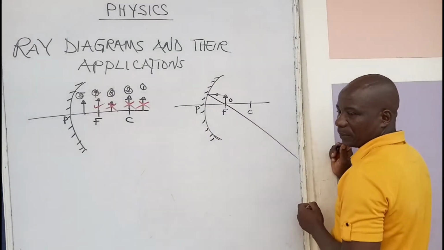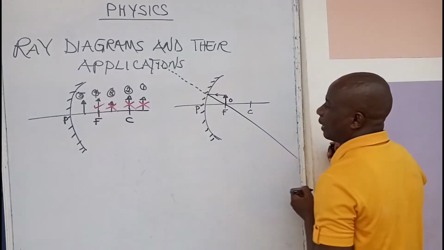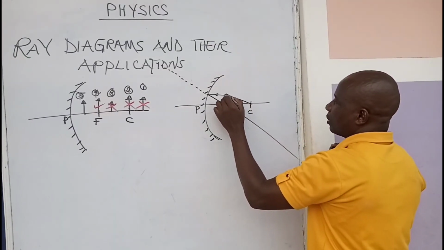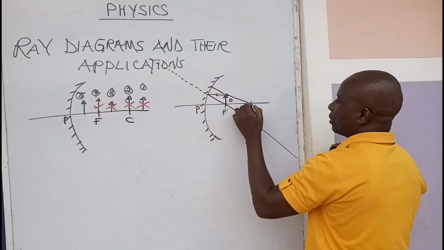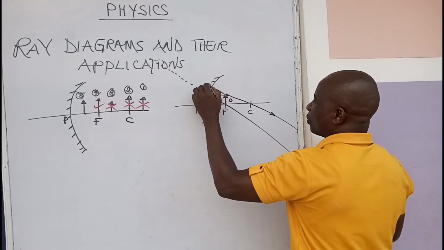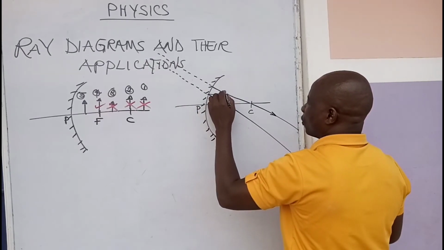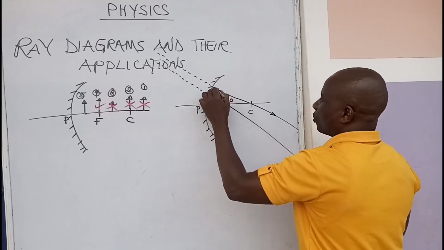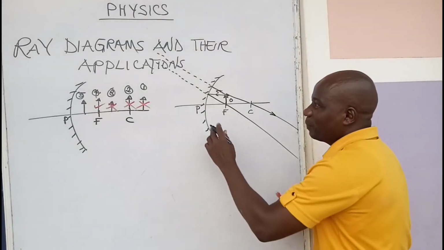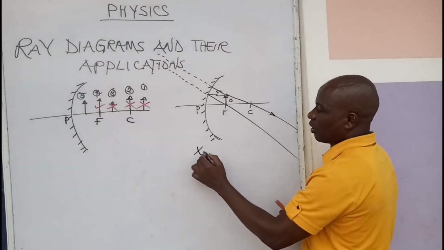Go this way. The other one. Now, class, the object is at where? At F.